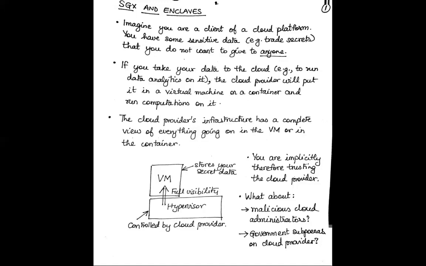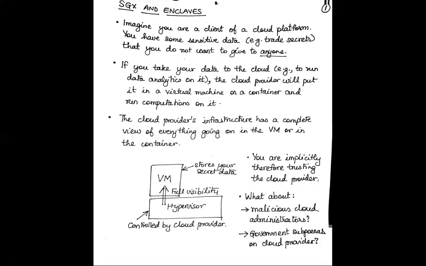Why is that? Well, at the end of the day, the virtual machine is nothing but a virtual address space. The virtual address space of this virtual machine is managed by the hypervisor. And all of the virtual machine memory of this virtual machine is backed into the physical memory that is controlled by the cloud provider.